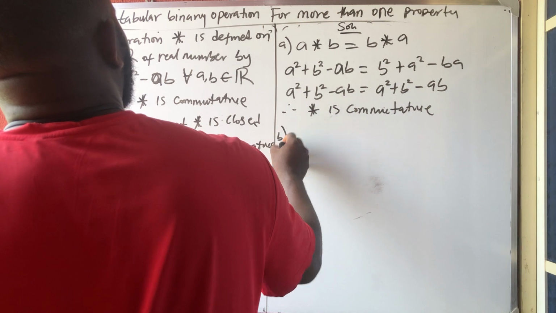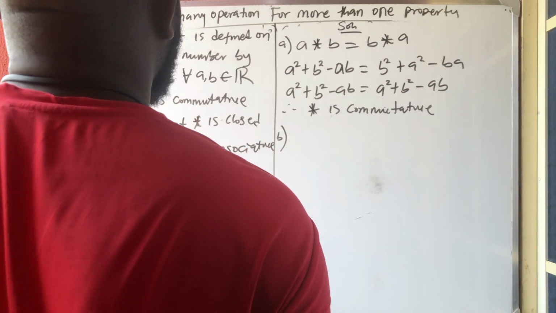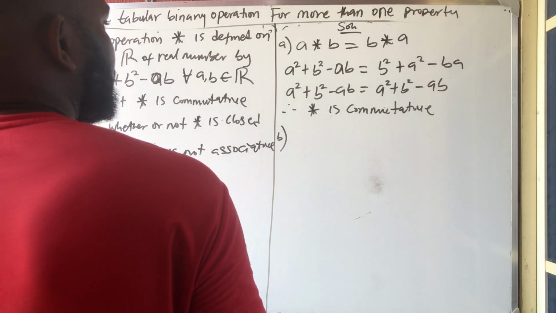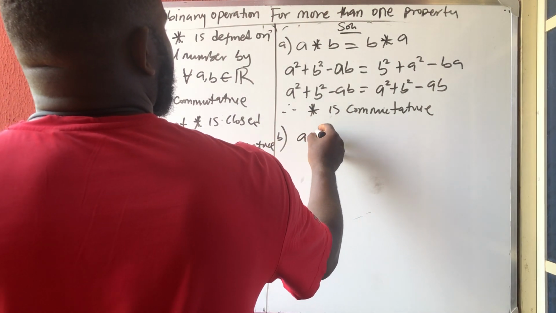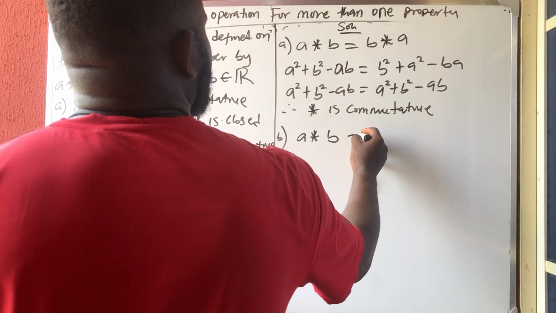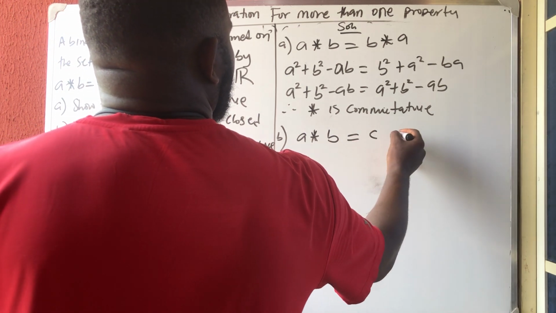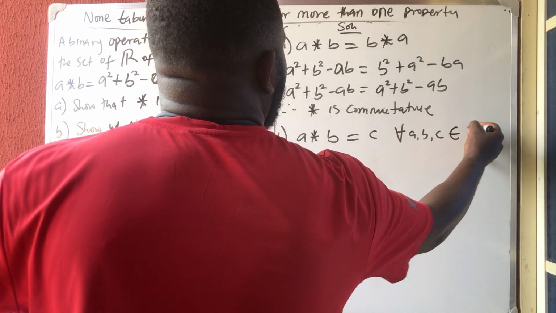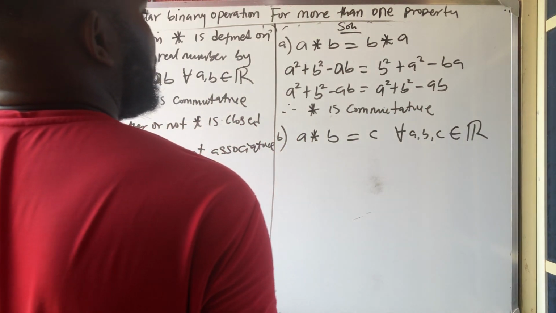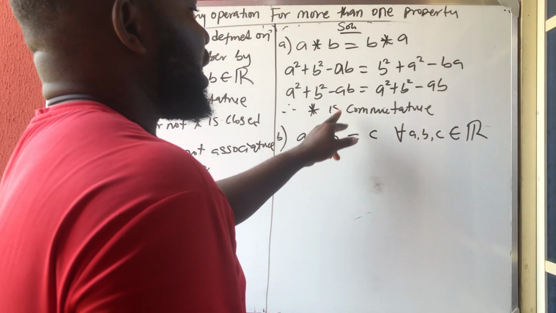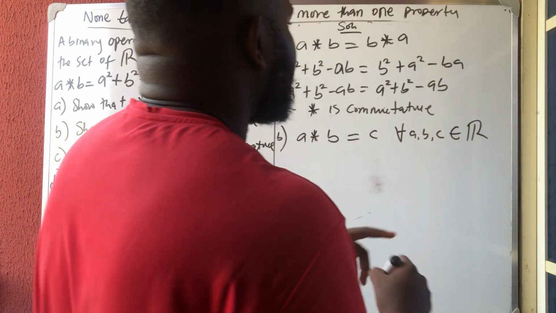Done. B. The next one is show whether or not star is closed. Now closure says that A star B, which is equal to C, for all A, B and C being an element of the same real numbers where that star is coming from. Like if you operate these two, any answer you get must be found in that same set of real numbers.